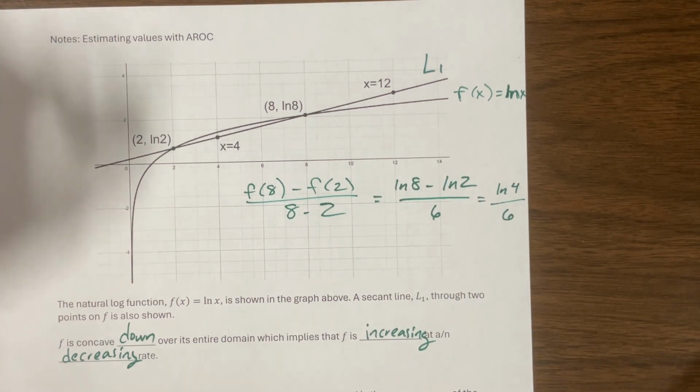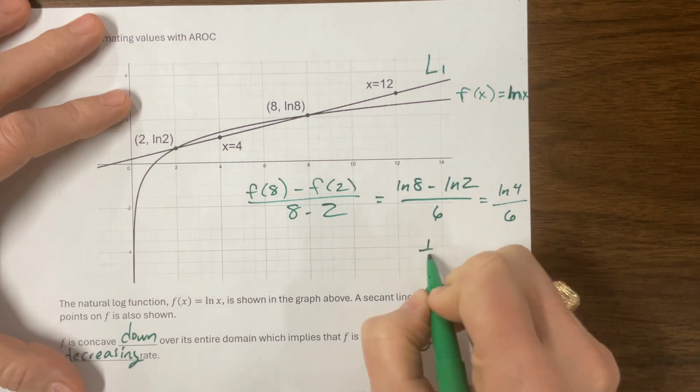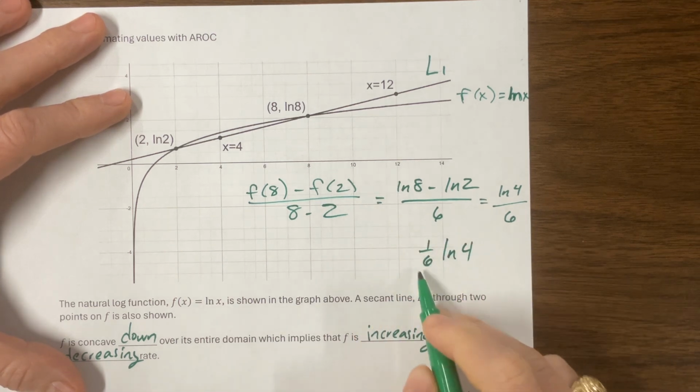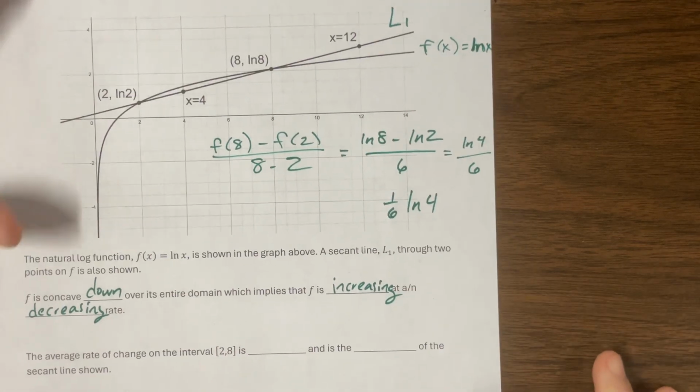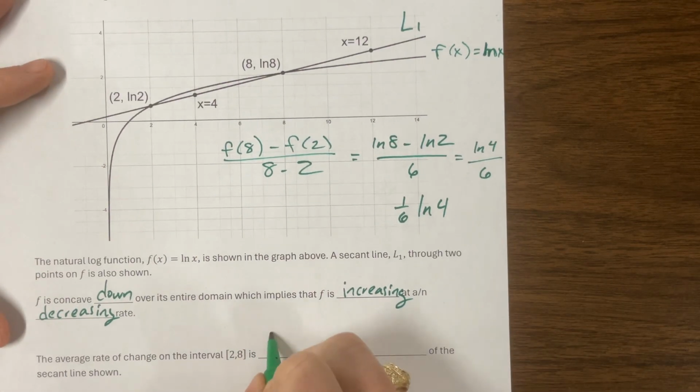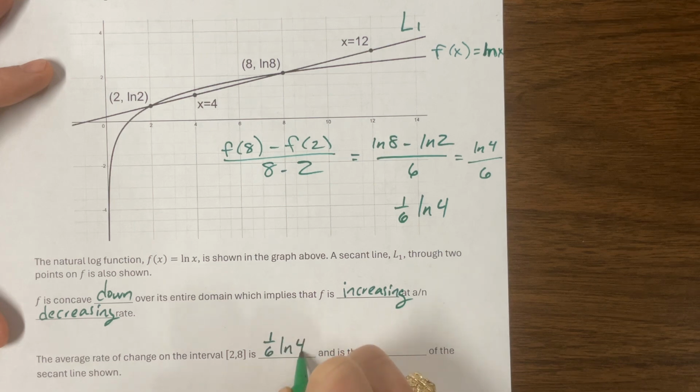Now we have different ways to represent this. We could grab a calculator and come up with an approximate value, or we could say that it's 1/6 times the natural log of 4, or we could make that the exponent. I'll write it as 1/6 natural log of 4 because it's compact.